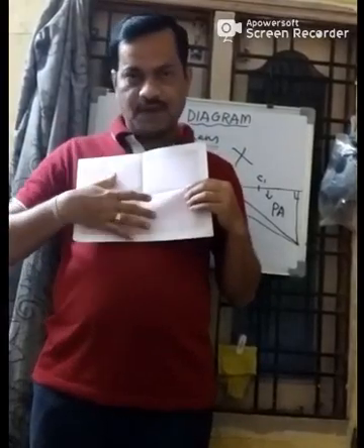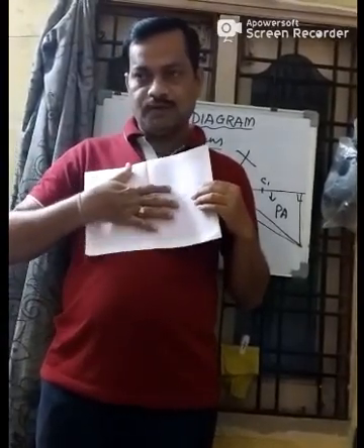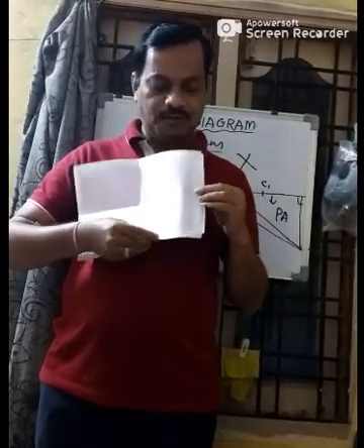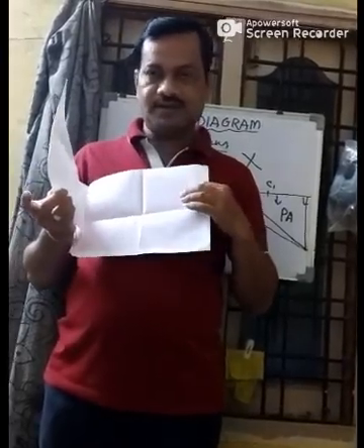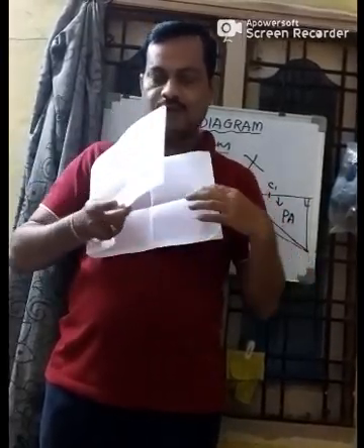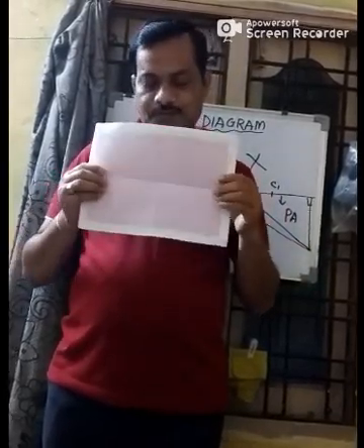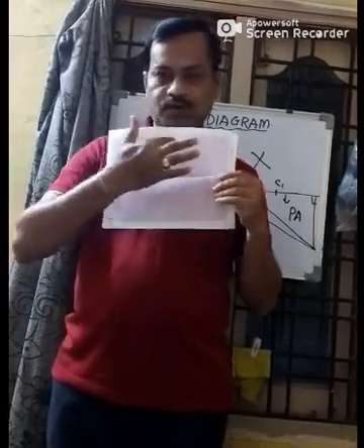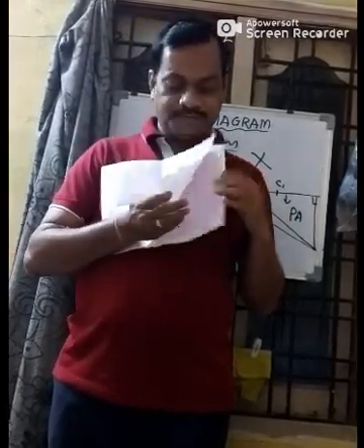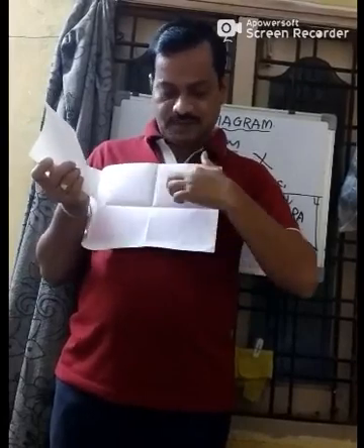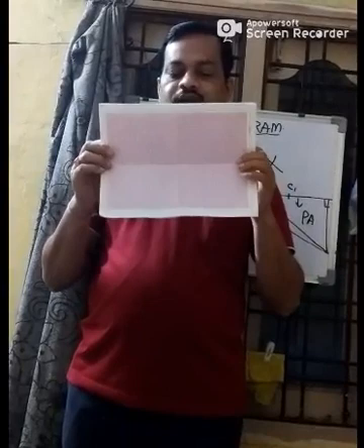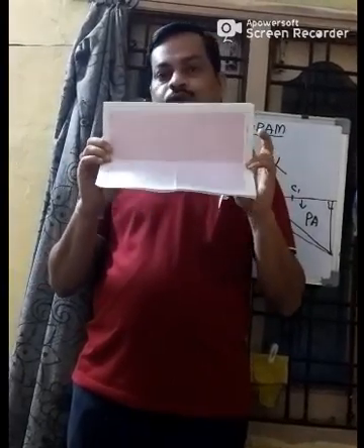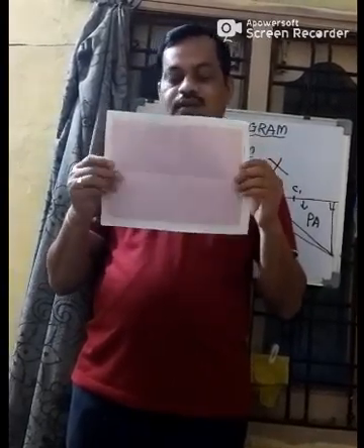So 4 for one lens and 2 on this side, and the rest 2 for another lens. So total 8 we can draw. 1, 2, 3, 4, 5, 6, 7, 8. So first you have to take a graph sheet and fold it into 4 parts, so that we get 8 blocks.